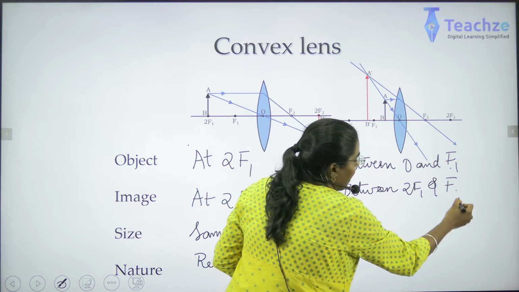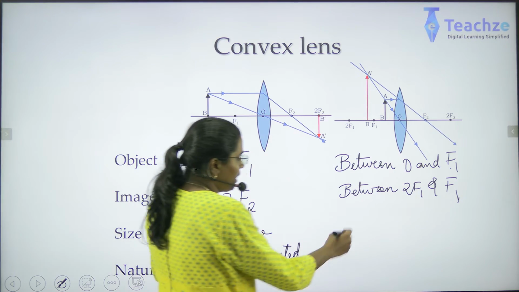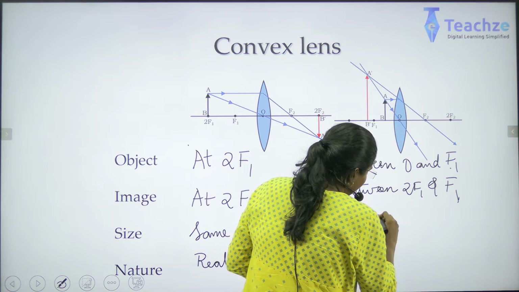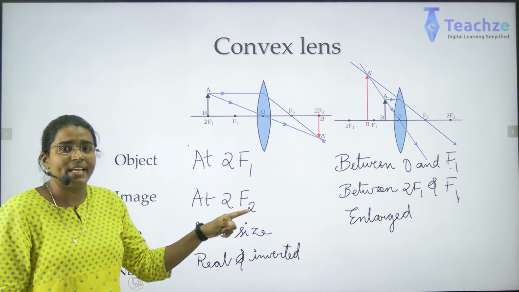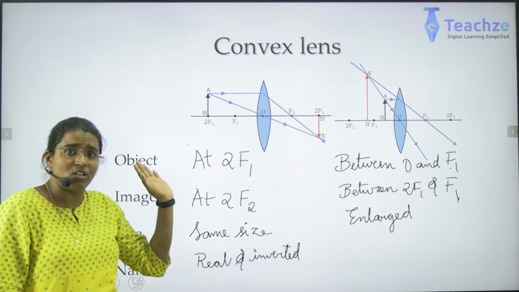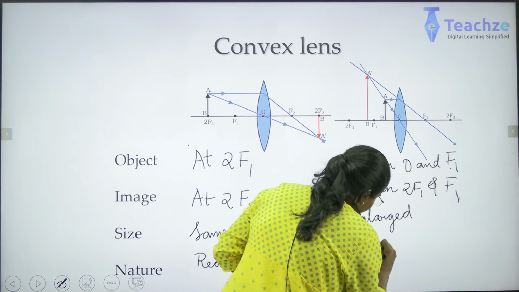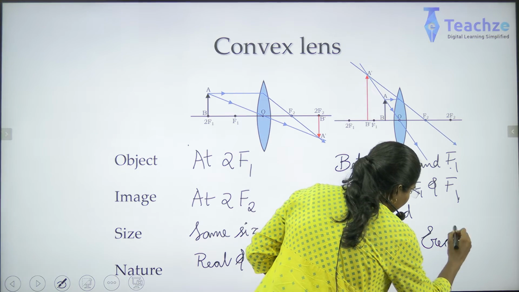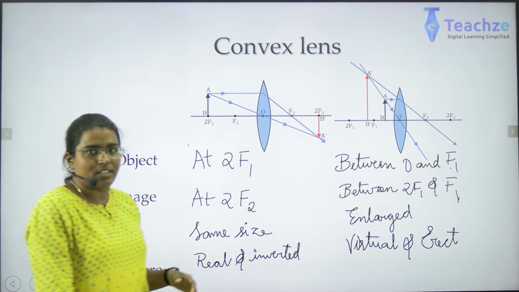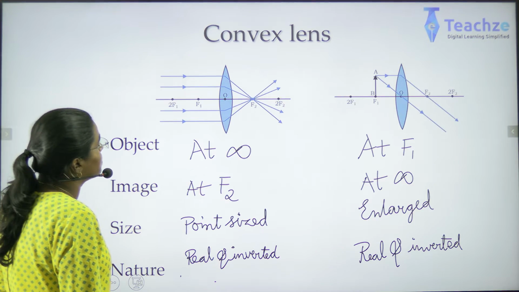The image will be highly enlarged. Will it be real and inverted, or virtual and erect? It is just behind the object itself, so it will be virtual and erect. Good. Virtual and erect. So are you okay with these 6 cases?